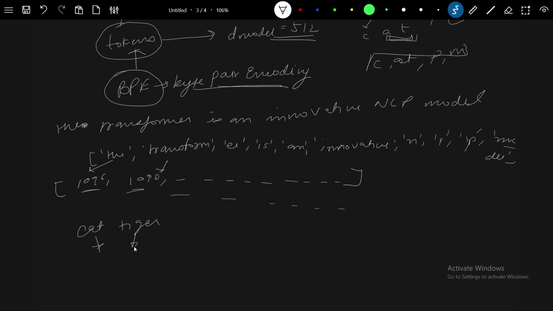They both belong to the cat family. So we want the tokens of cat and tiger to be more similar compared to the tokens of cat and bat, because this is a land mammal and this is a flying mammal.